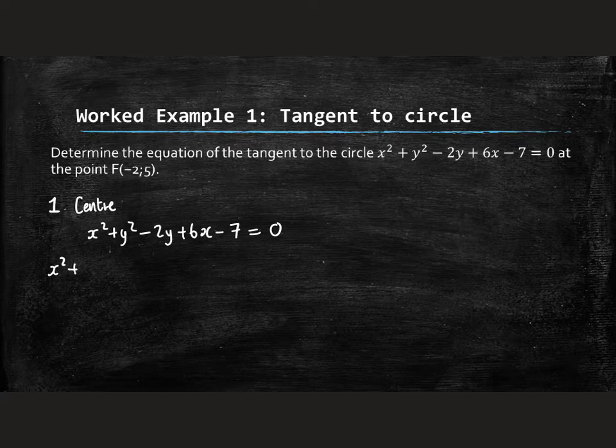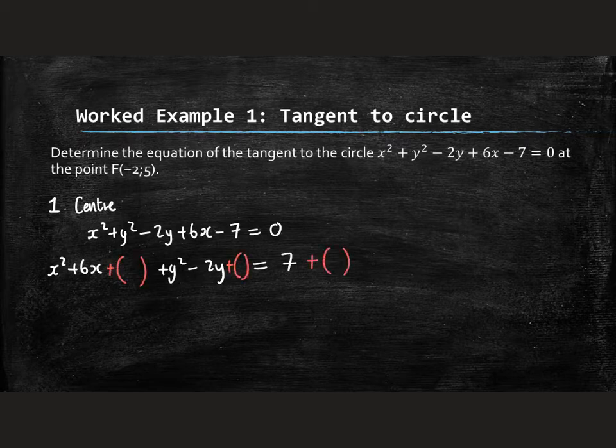So we've got x squared plus 6x, leave a space, y squared minus 2y, leave a space, and here's the 7. What we're going to add and subtract is half of these numbers squared, and the numbers that we're going to look at will be, in this case, 6, in this case 2, so we've got 6 and 2. So let's tidy this up.